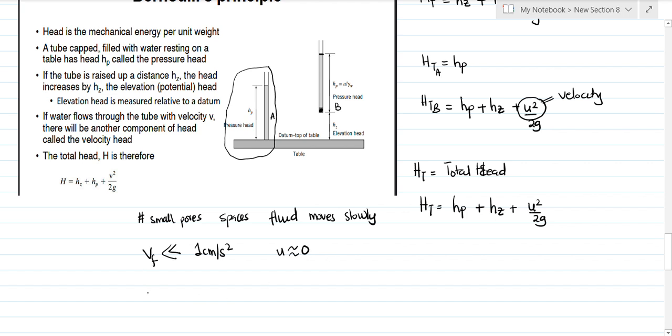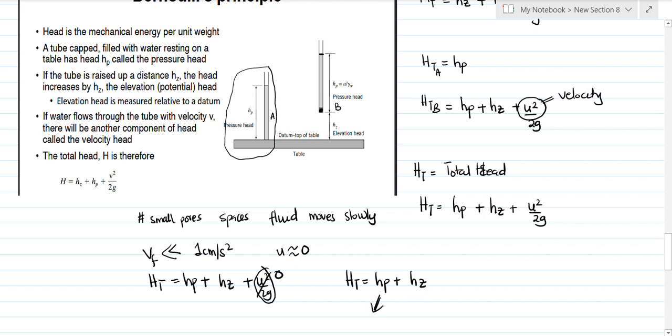And so if we are doing any analysis in soil regarding total head, we are going to consider the pressure head and the elevation head, and the velocity head will go to zero, because the velocity of the fluid in the soil, and by fluid I'm talking about water, is very small. And so the total head will be equal to the pressure head plus the elevation head. Now let me explain.